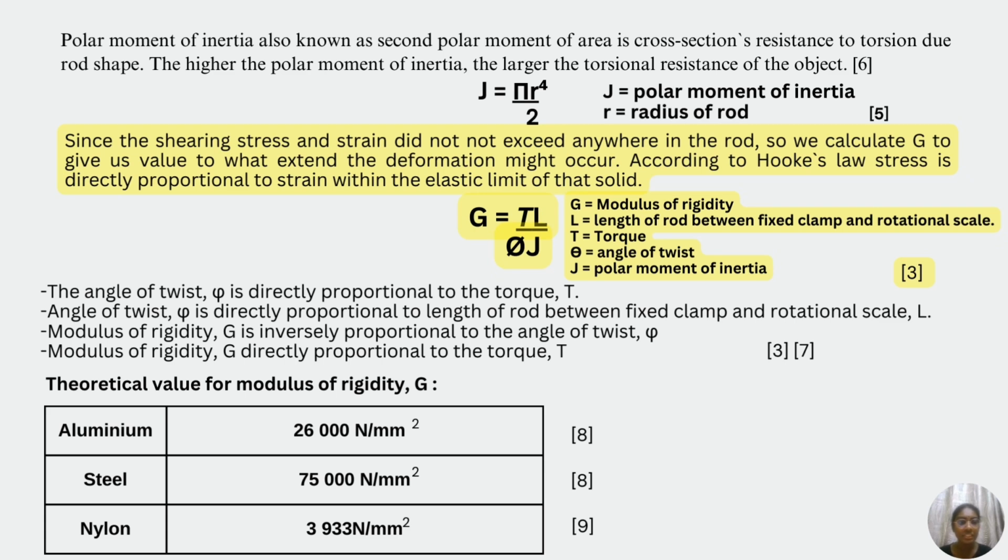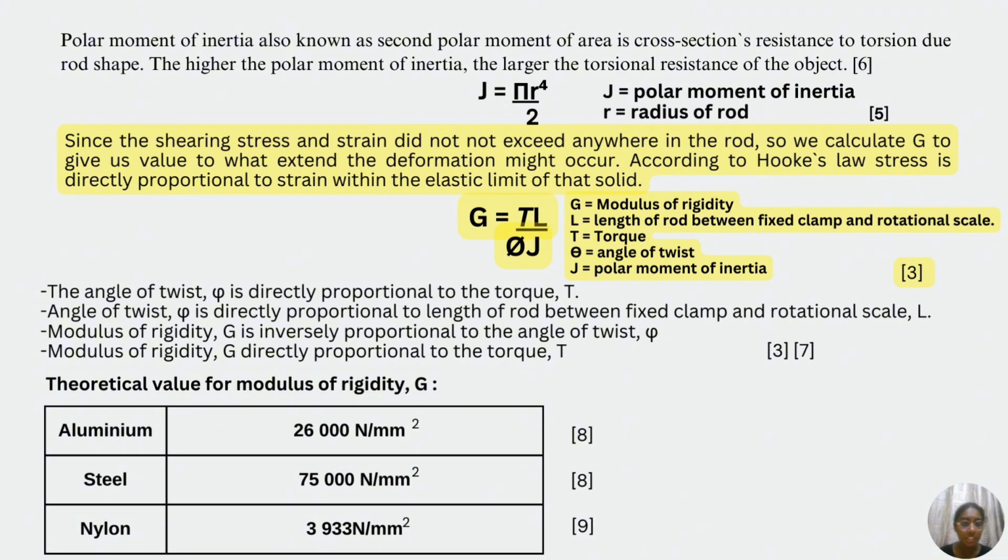Since the shearing stress and strain exist throughout the rod, we calculate the modulus of rigidity G to give us a value of to what extent the deformation might occur. G is calculated using the formula torque times length of rod between fixed clamp and rotational scale, divided by angle of twist and polar moment of inertia.